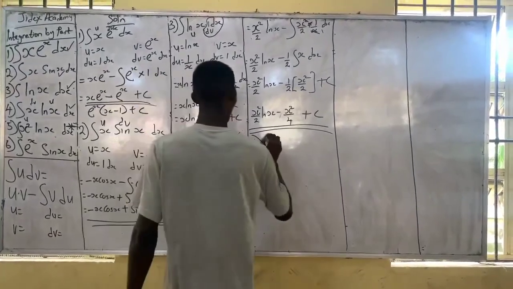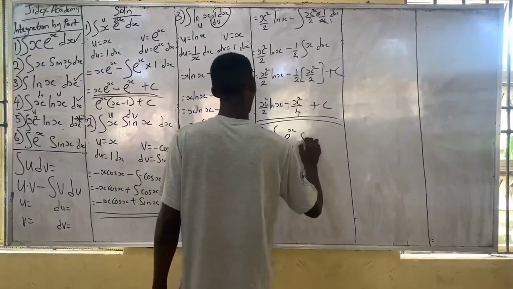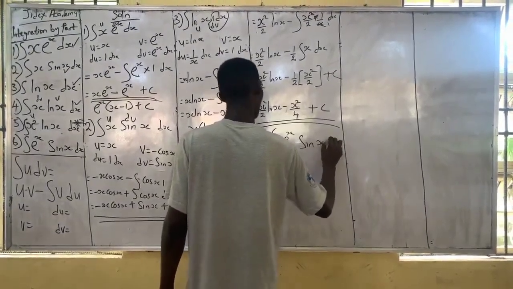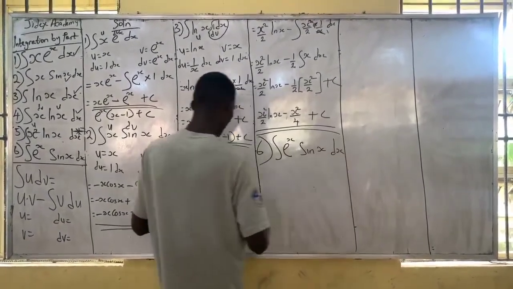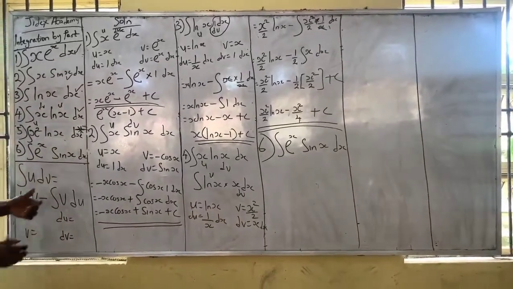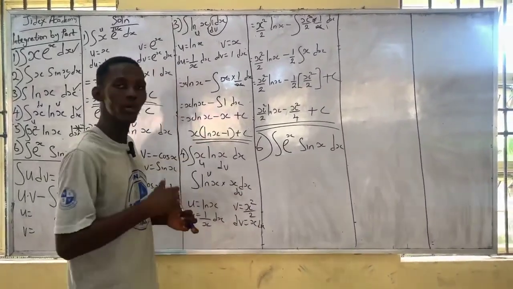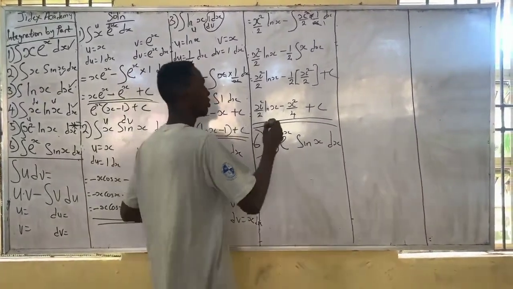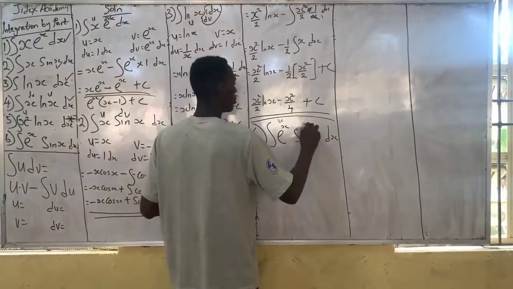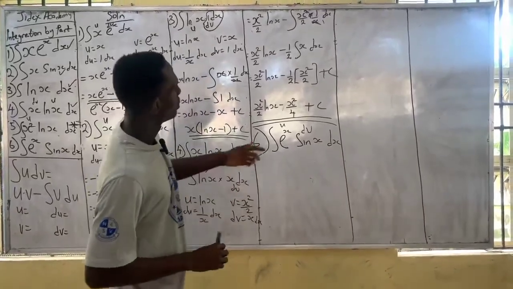Number 6 says integration of e to the power of x sine x dx. Although this one too is a bit straightforward, let's look for a way that we can solve it that will be convenient for us. Normally we have been doing u and the whole of this as dv, but let's look.